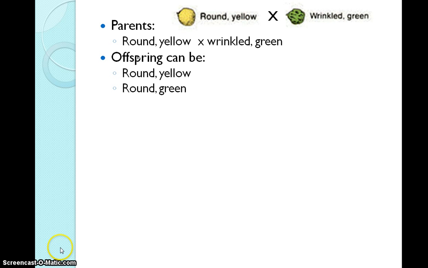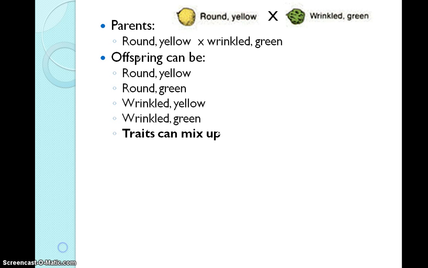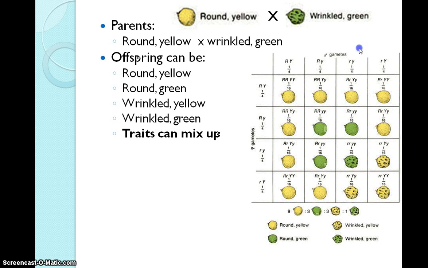So we could see round and green. We can also see wrinkled and yellow as well as wrinkled and green. So we see a splitting of the two genes, a division of the two traits. Our traits can then randomly mix up. You can be round from one parent and green from the other.